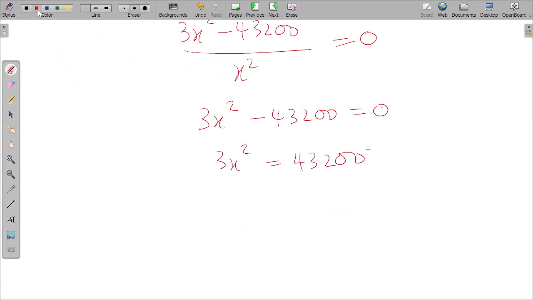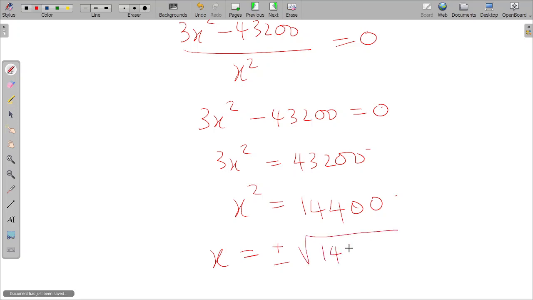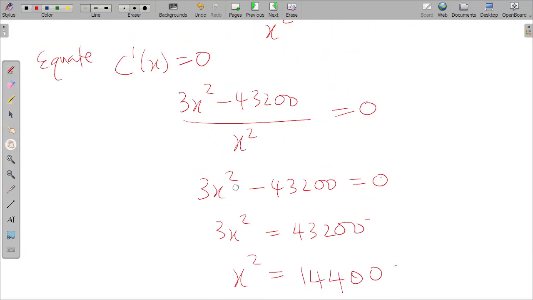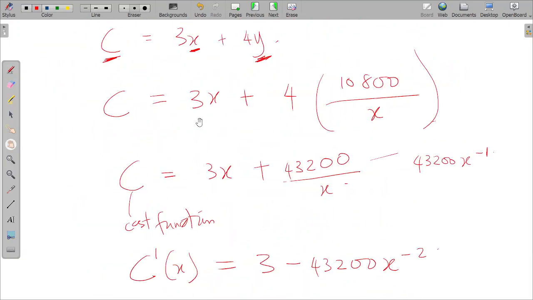Okay, so x squared will now be this divided by 3, that is 14400. So now our x equals plus or minus the square root of 14400, which will be giving us x equals 120. But don't forget that now we are dealing with an application.